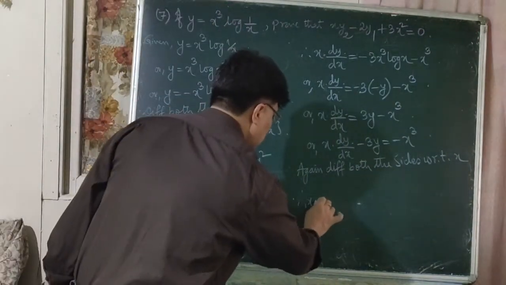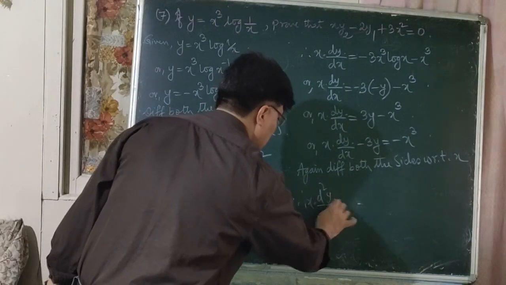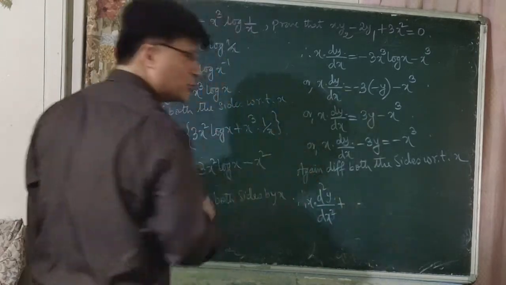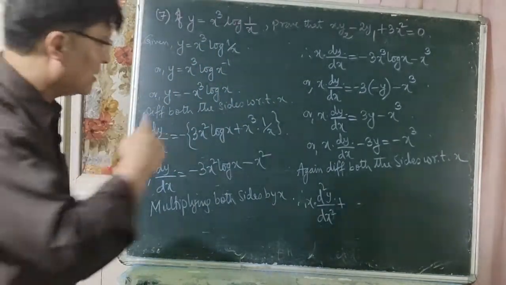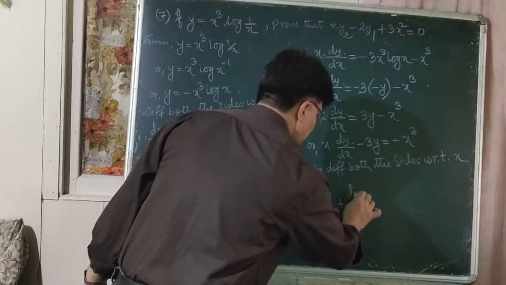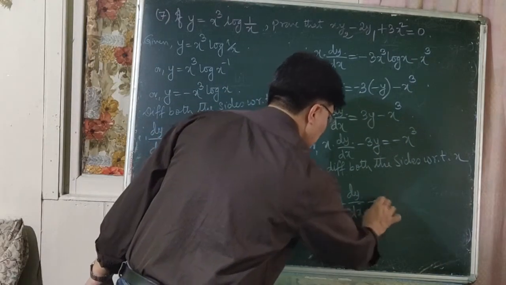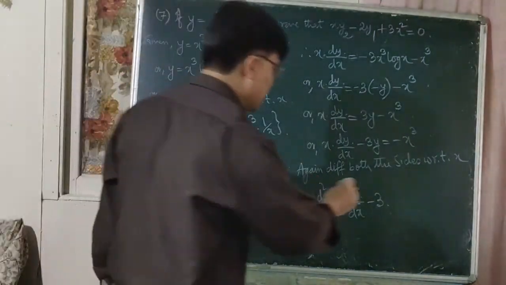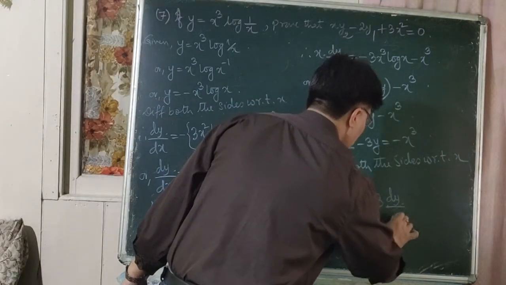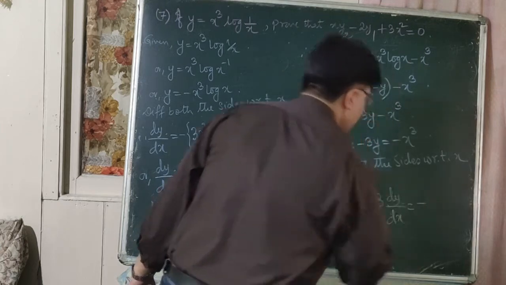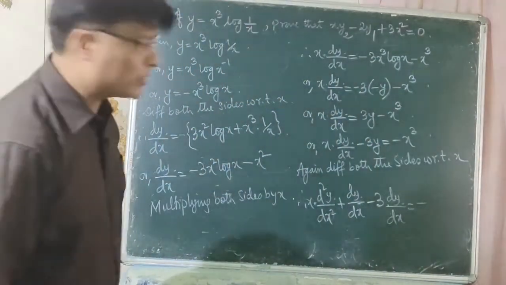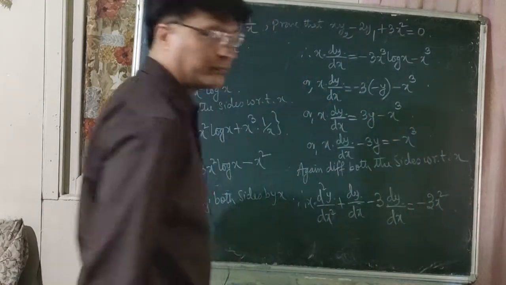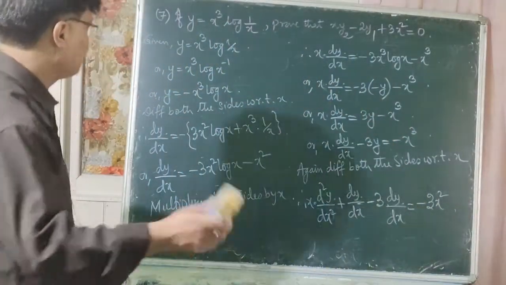Keeping x as it is, differentiate dy by dx, d2y by dx square, plus, now differentiate x with respect to x, that is 1, you know that, and dy by dx remains same, dy by dx, minus 3 into, now differentiate y with respect to x, that is dy by dx, is equal to minus, what is the differentiation of x cube? It is 3x square. So I think you have understood it.